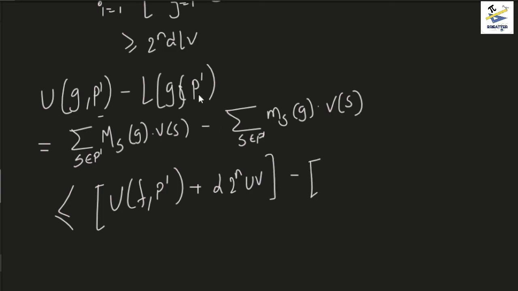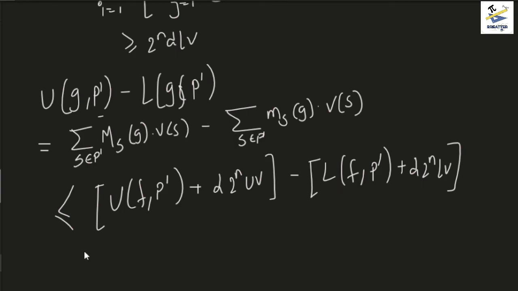And this part is greater than or equal to this. Right. And since it's a minus, this part is greater than or equal to this part, so minus of this should be less than or equal to minus of this part, right?